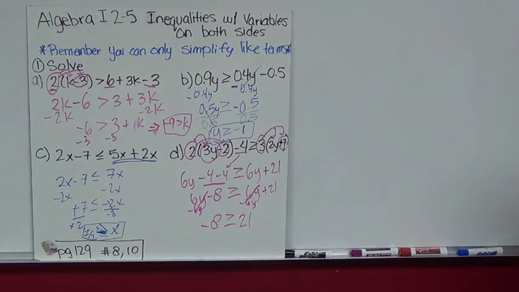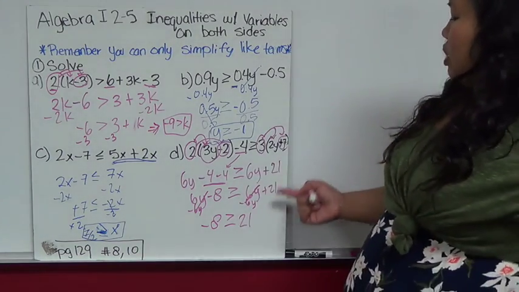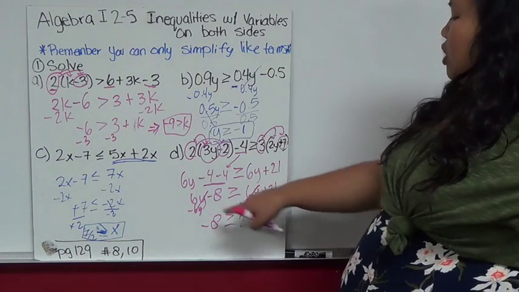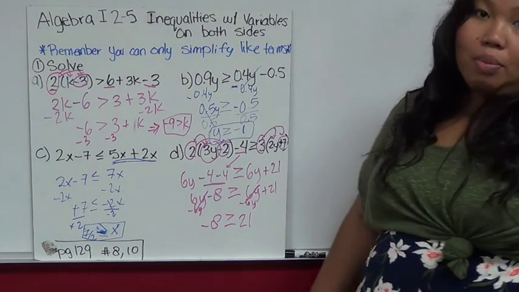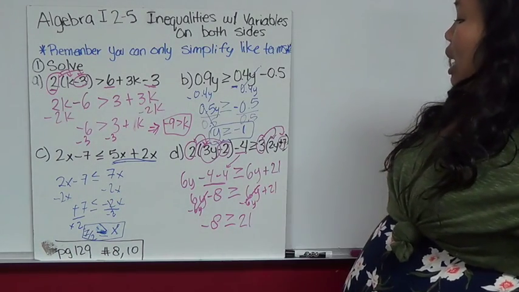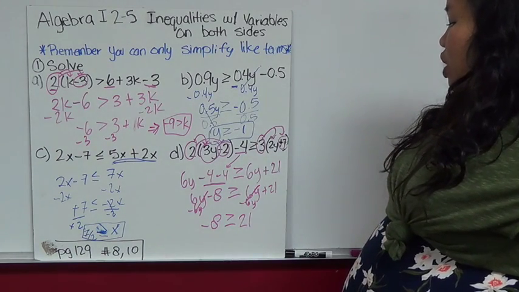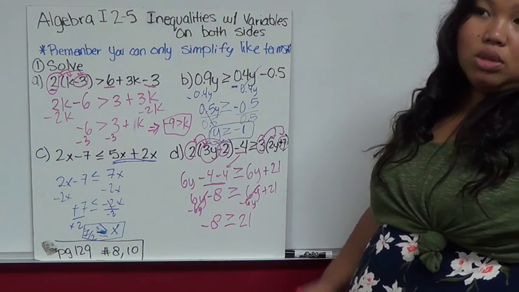Now, because I got rid of the variables, subtracting 6y from both sides, all I'm left with is numbers. Now, negative 8 is greater than or equal to 21. When is that true? It's never true.